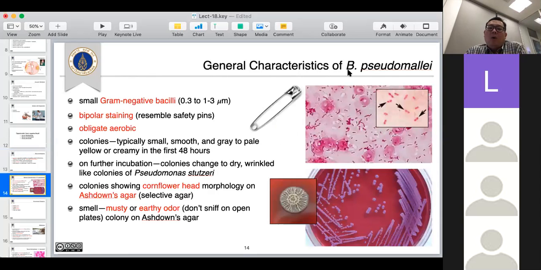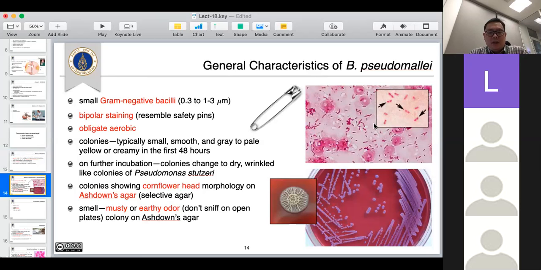So, Burkholderia pseudomallei. General characteristic in the gram stain, it is bipolar stain. This is bacilli, but they stain only at the poles. So you probably see it looking like a safety pin, like this, bipolar stain. Okay? Cells quite small, obligate aerobic.